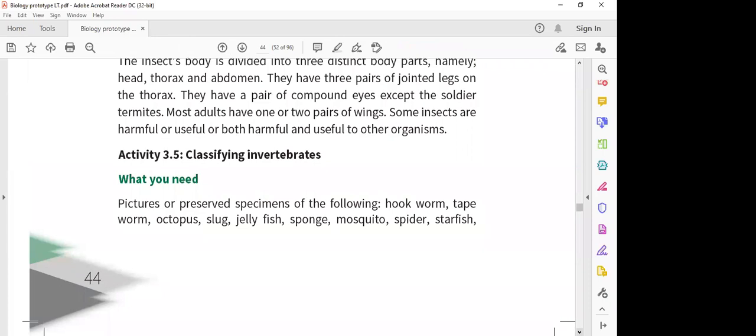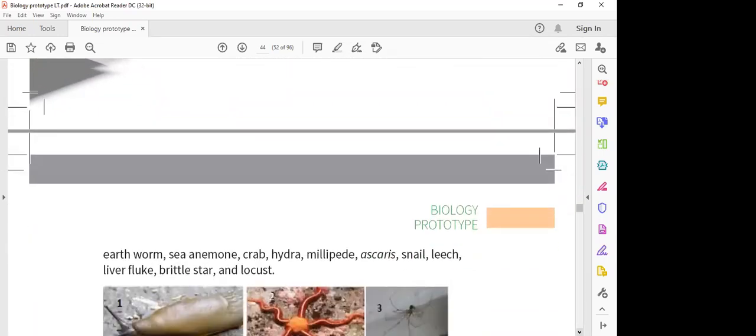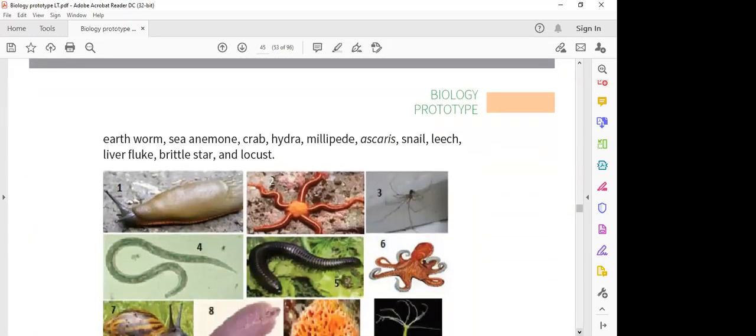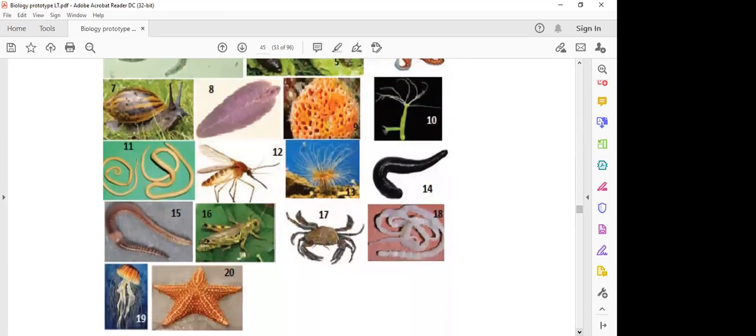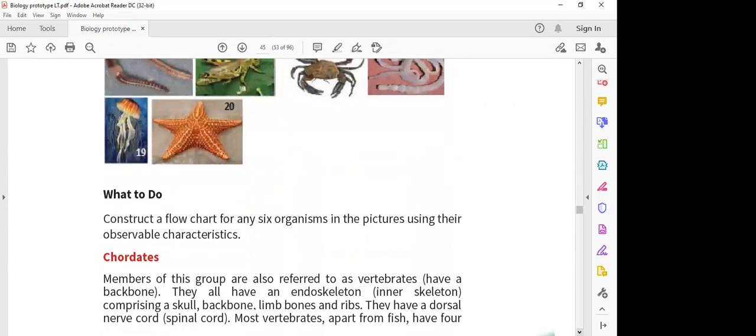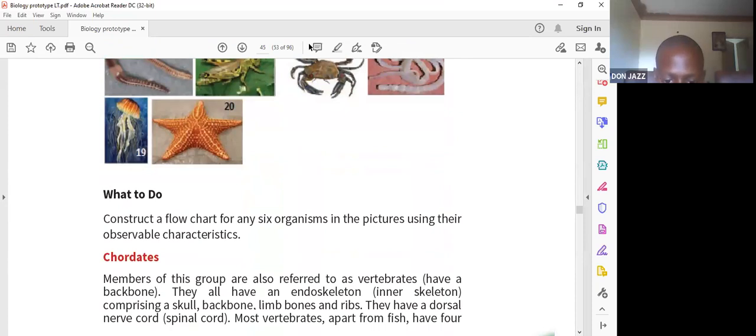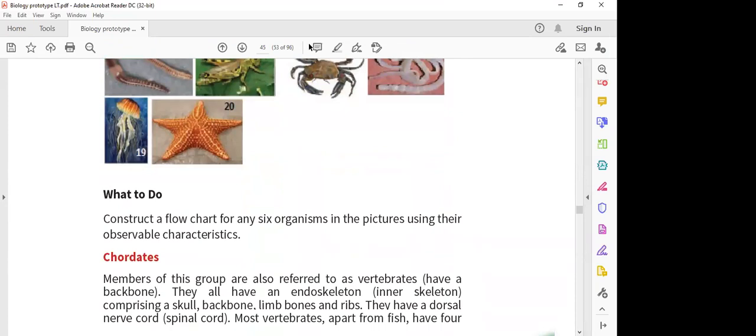We have pictures of specimens: a hookworm, tapeworm, octopus, slug, sponge, mosquito, spider, and starfish. The activity is to construct a flow chart for any 6 organisms in the picture using their observable characteristics. Do you have your pen and notebooks ready for this?